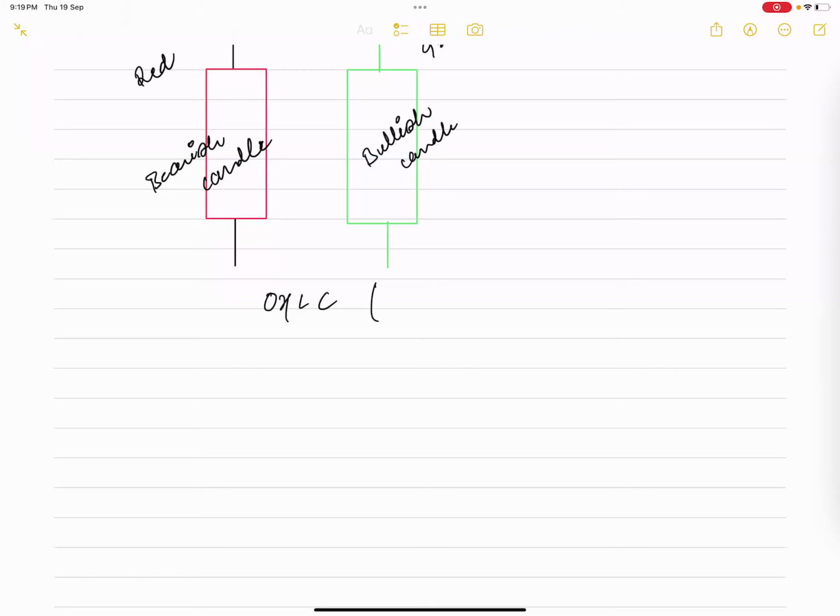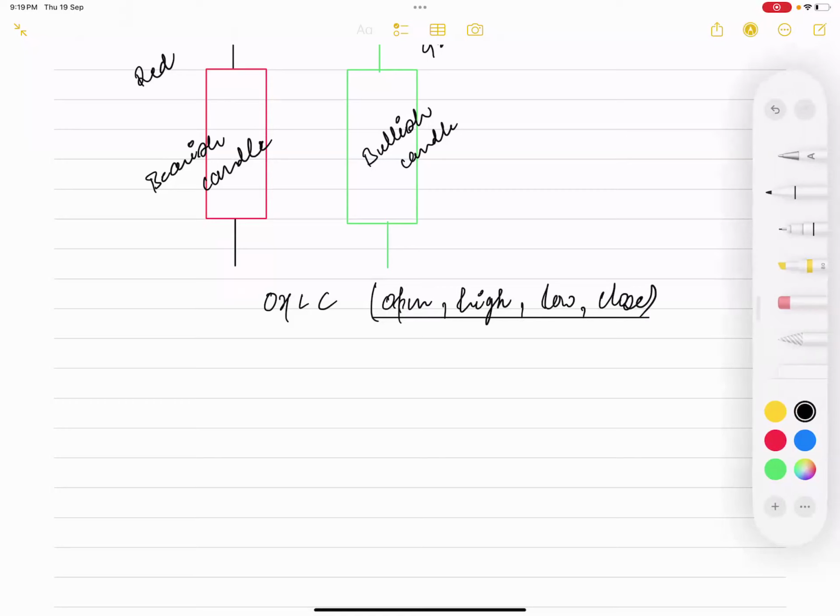Open, high, low, close. Correct, correct. So it is open, high, low, close. That is something very basic, so everybody should know. If you talk about the candle, we'll be forming different candles where there can be different openings and closings.